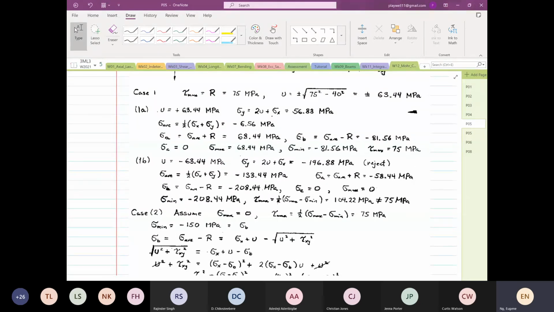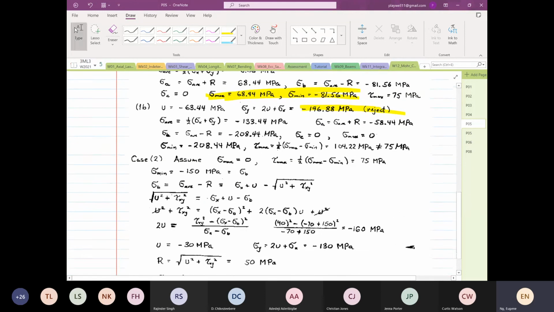The only thing, when a solution manual is posted, I think you guys know by now. Why is this rejected? I don't know. Why is that rejected? I don't know. And then what else? 1A, 1B. Why is this? Wait, there's a value. What are they calculating down here? I have not a clue.